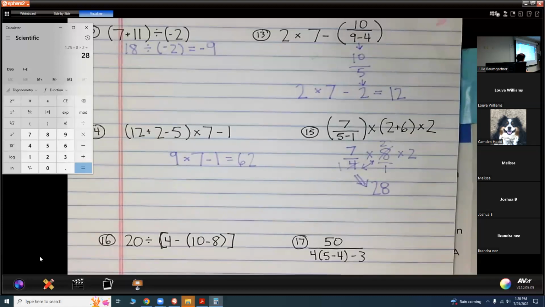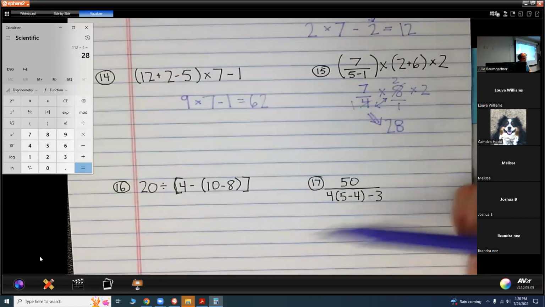So always good to think about your multiple routes to the end, and then if you did 7 times 8 times 2 divided by 4, you should get 28 also. So there's lots of ways to get to the answer.